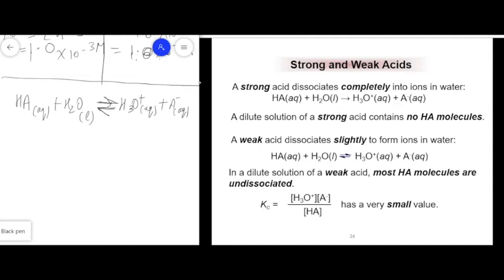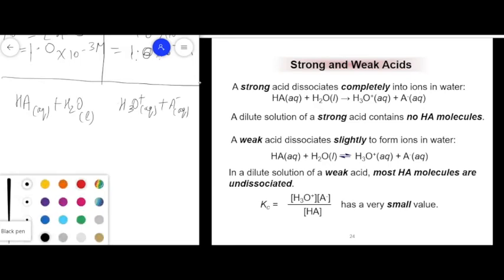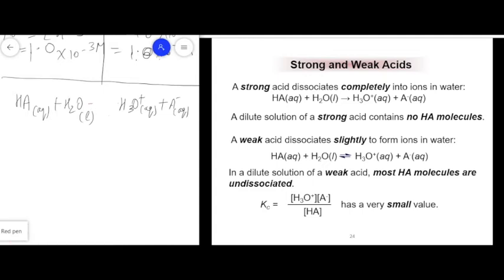Now this is where everything lies. If it's a strong acid, it completely dissociates, meaning that instead of being in an equilibrium, the reaction goes completely towards the product. So all the acid in the presence of water dissociates to produce protons and its conjugate base. Such an acid is called a strong acid.